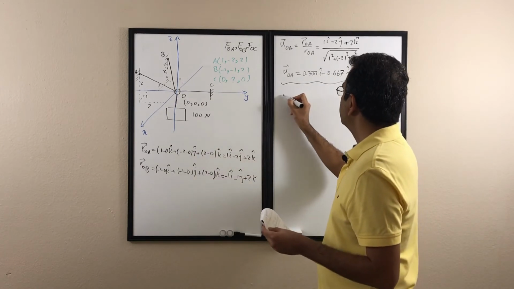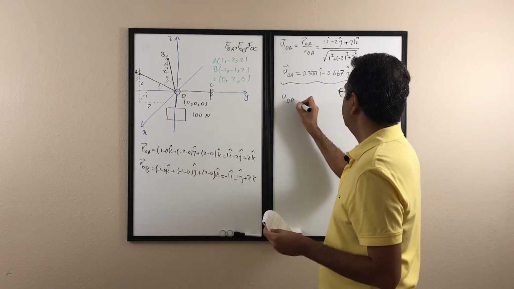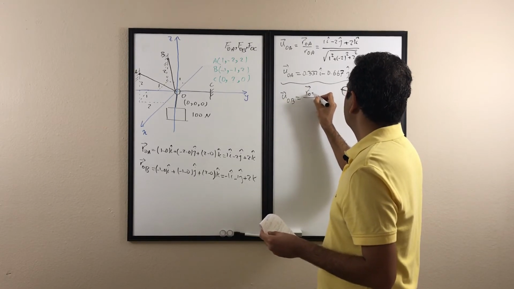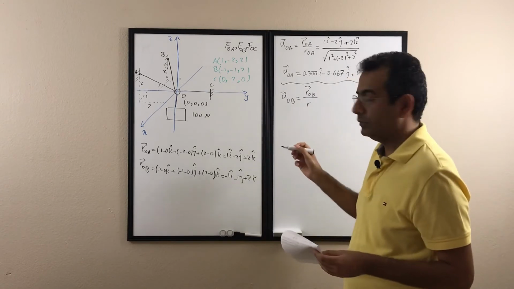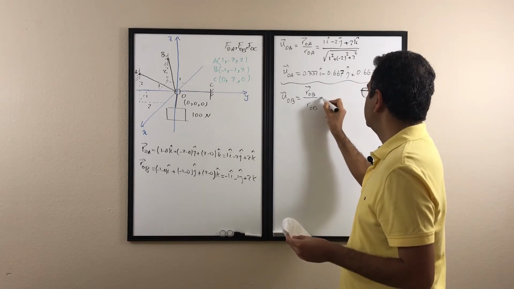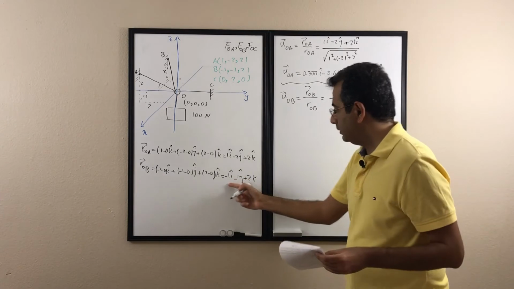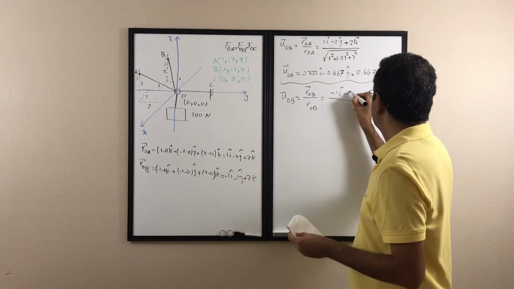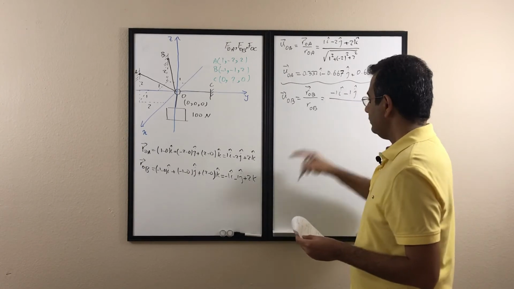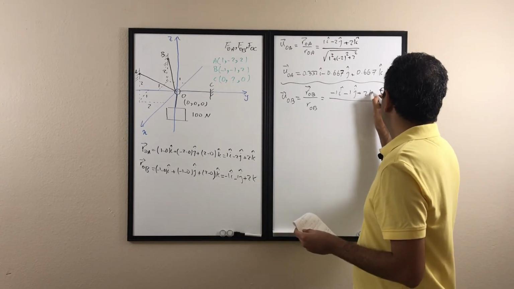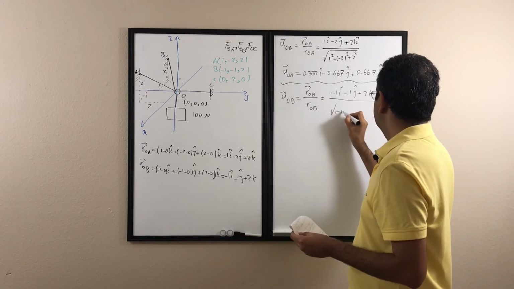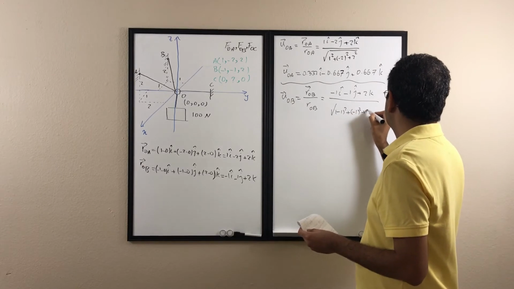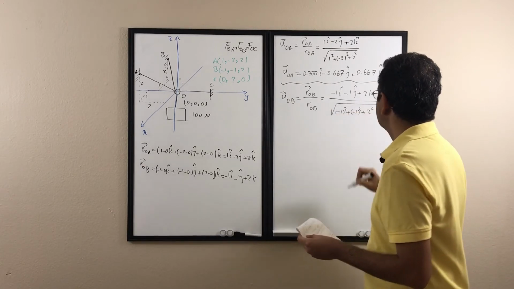And we also need the unit vector along OB, which similarly is the position vector along OB divided by the magnitude of the position vector. The position vector is negative 1I minus 1J plus 2K, and its magnitude is found by squaring all the components, adding them together, and taking the square root of that.